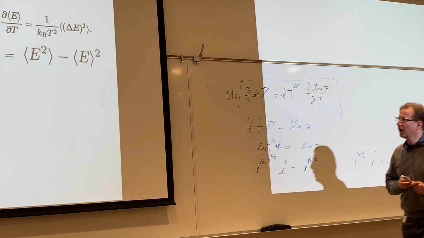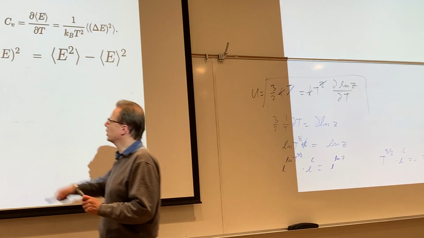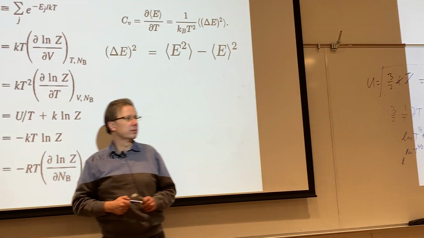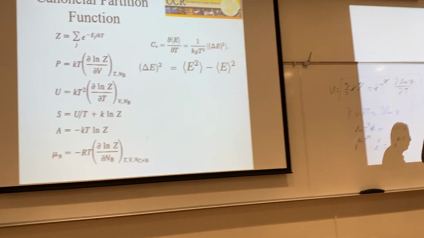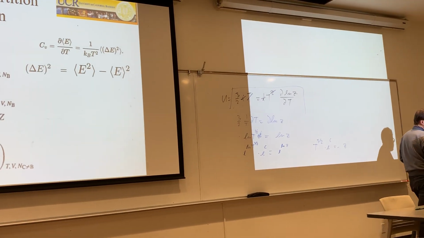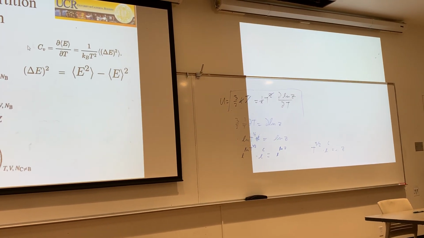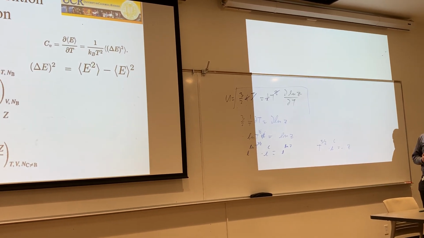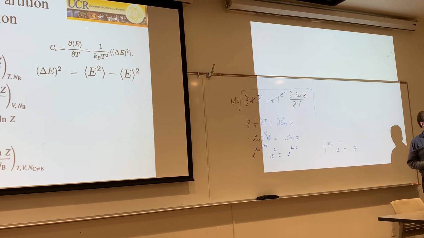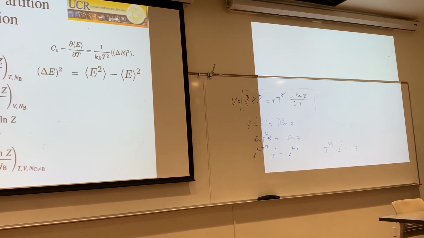Now we also derived this formula over here for the pressure. If we come to the formula for the pressure, then we can do the same kind of thing and look at how z depends on the volume.